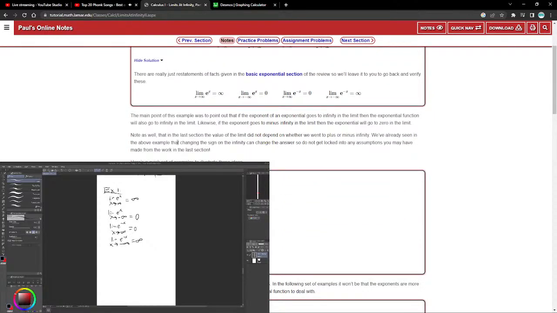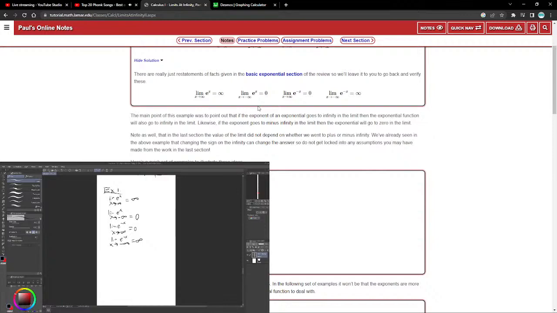The main point of this example is to point out that if the exponent of an exponential goes to infinity in the limit, then the exponential function will also go to infinity in the limit. Likewise, if the exponent goes to minus infinity in the limit, the exponential will go to 0 in the limit.